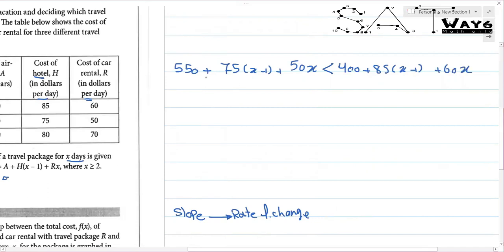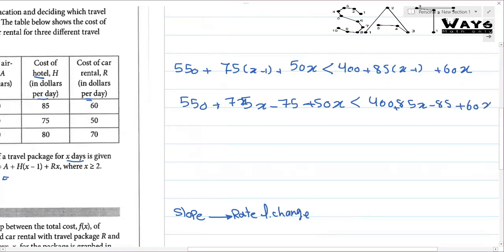All right, 550 plus 75x minus 75 plus 50x, and then less than 400 plus 85x minus 85 plus 60x.